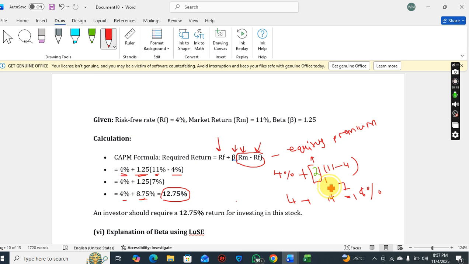If you reduce, let's say for example, from 1.25 to 0.8, 0.8 times 7, that's 5.6. 5.6 plus 4, that is 9.4.